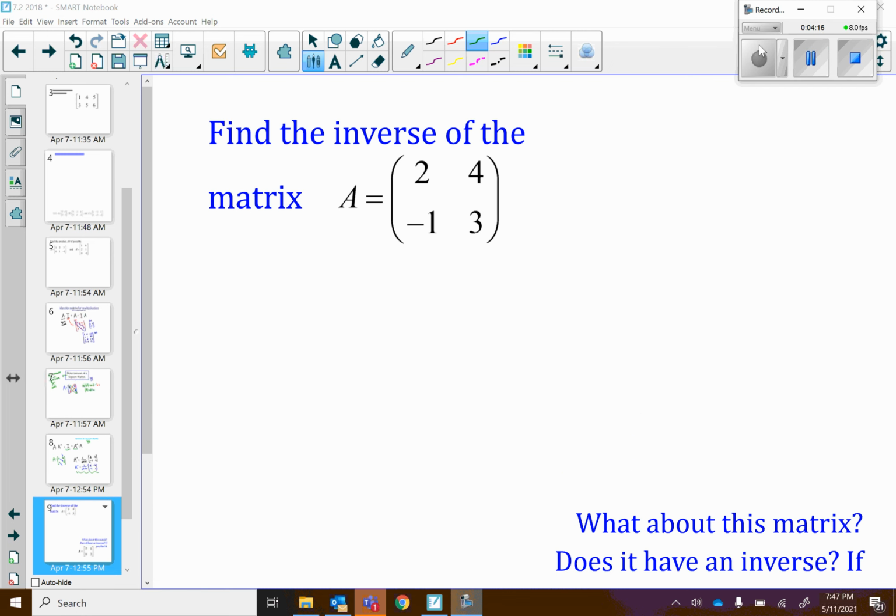So I've got 2 problems for you. Find the inverse of the matrix A: 2, 4, negative 1, and 3. First, I need to see, is there an inverse?